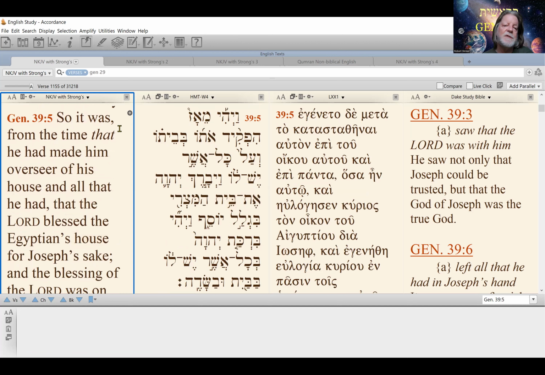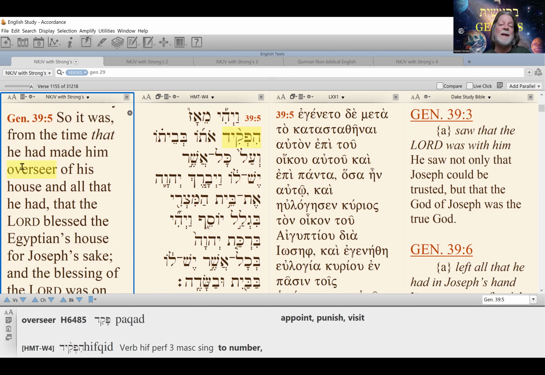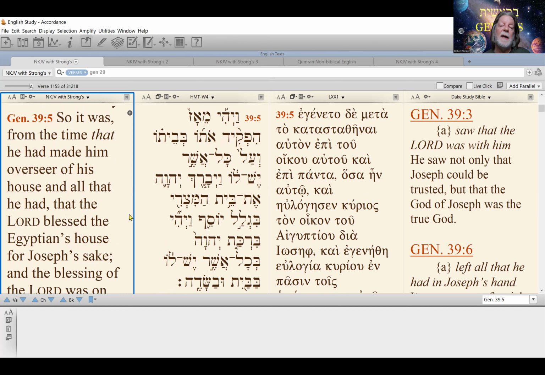Verse 5. So it was that from the time that he, Potiphar, had made him, Yosef, overseer, pakad, of his house and all that he had, that the Lord blessed the Egyptian's house. See how that works? Potiphar wants to get on the blessing.